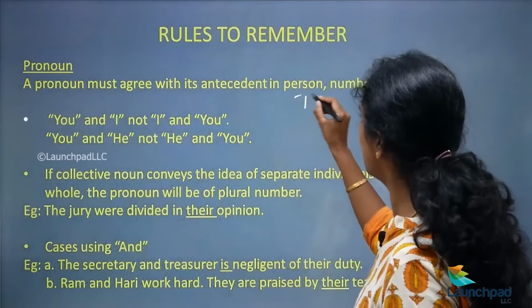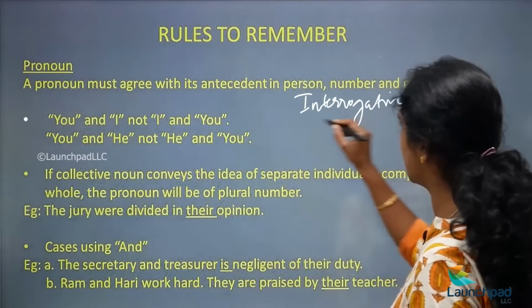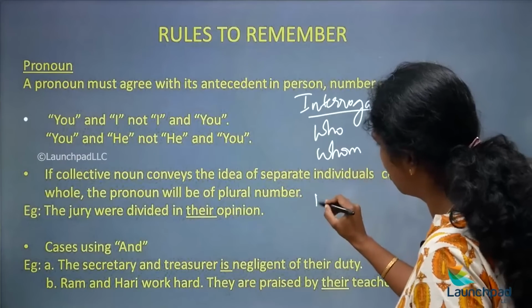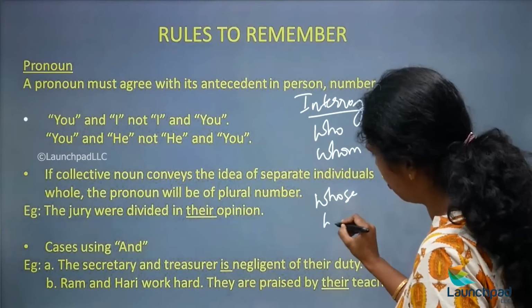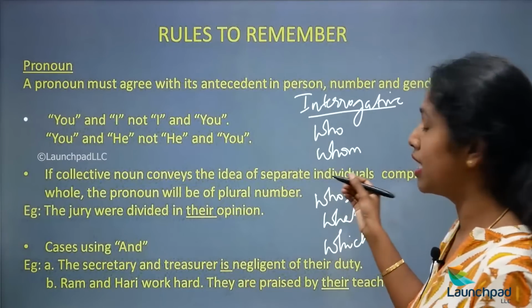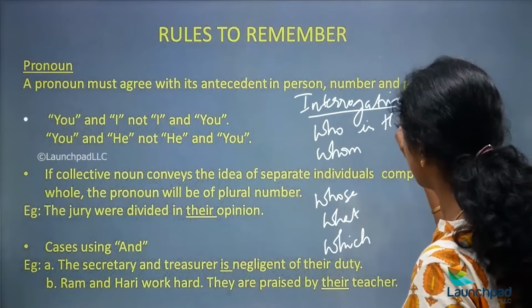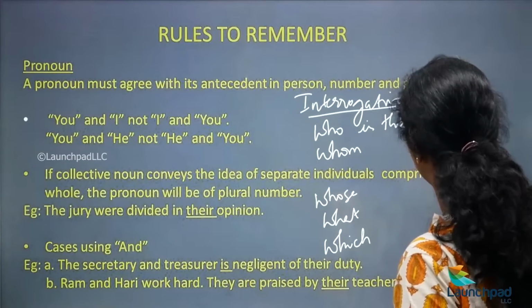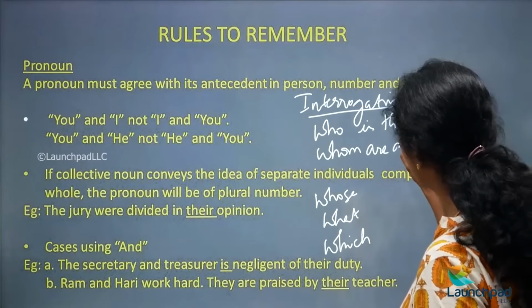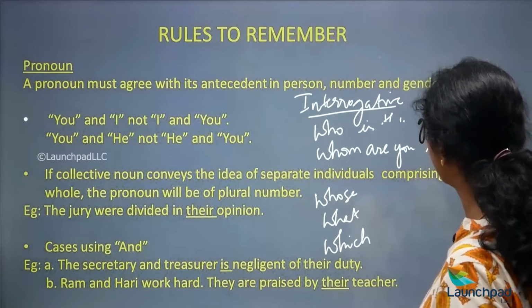The next is your interrogative pronouns. So what are they? Who, whom, whose, what, and which. Okay. So these are your interrogative pronouns. For example, who is this girl? Whom are you talking about?